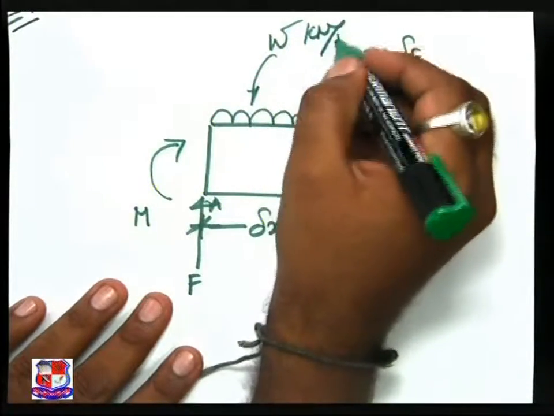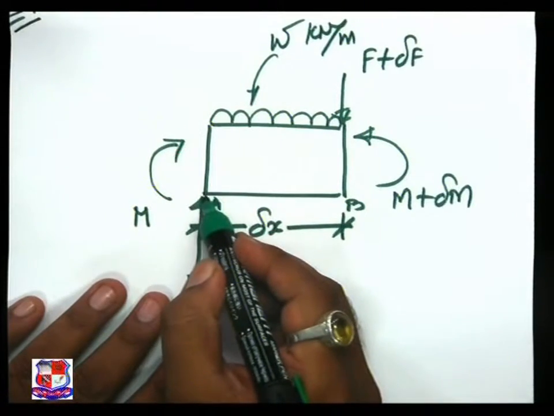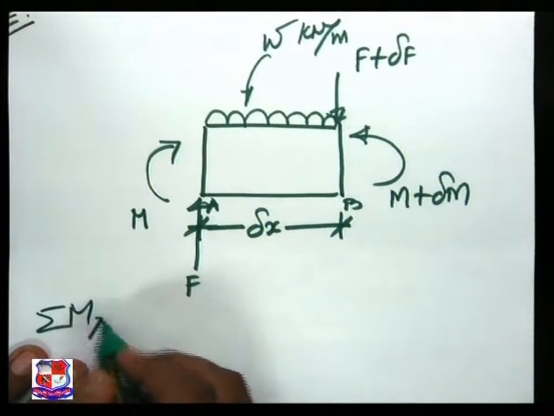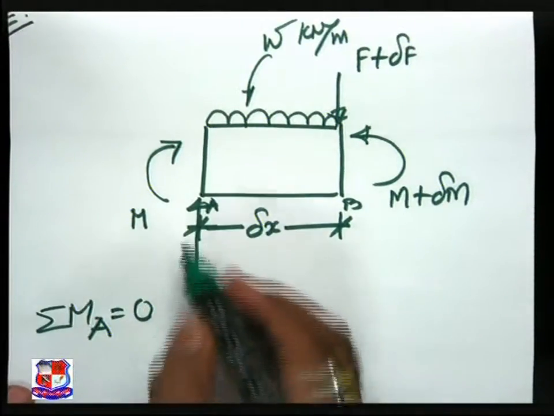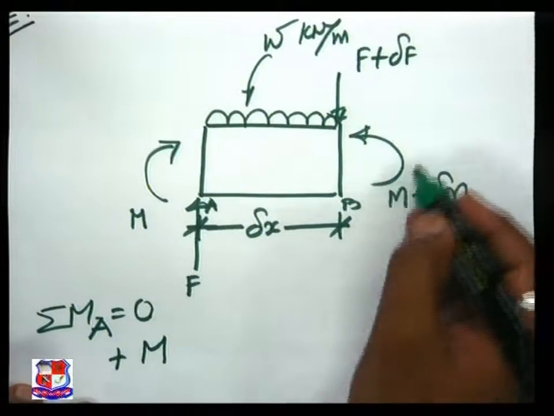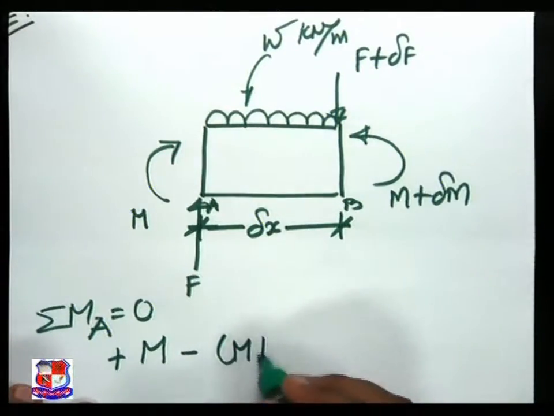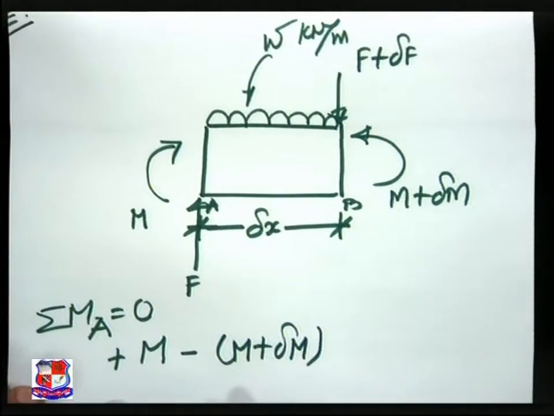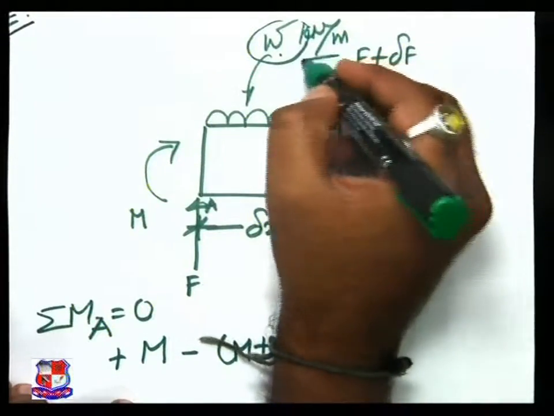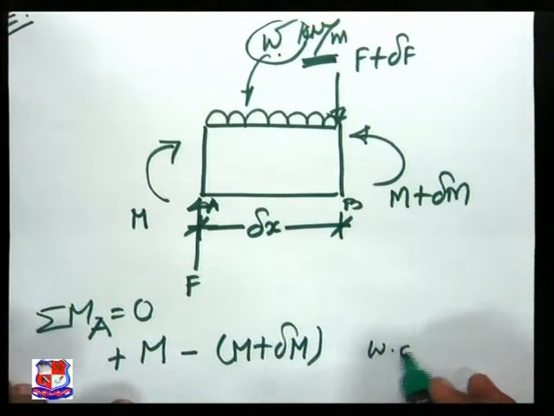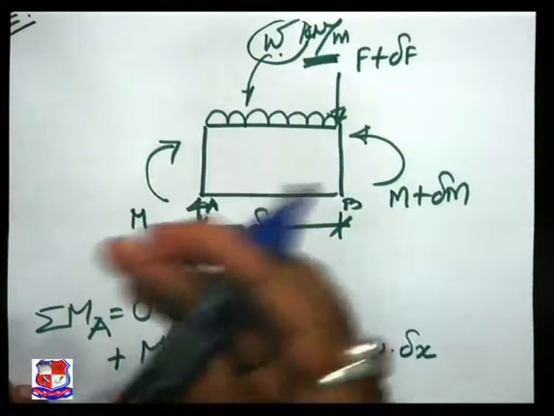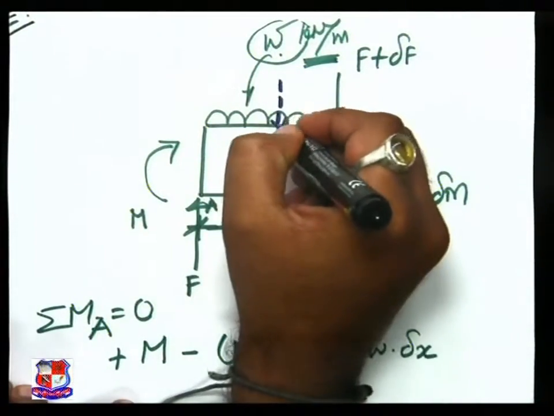W kilonewton per meter. So we are taking the moment over here at point A, sigma MA, which is equated to 0. This is clockwise, so plus M. Another is anticlockwise, so minus sign, M plus delta M. Another force is the UDL W kilonewton per meter, so the total load is W into delta x. This load acts at the CG, see the figure over here.